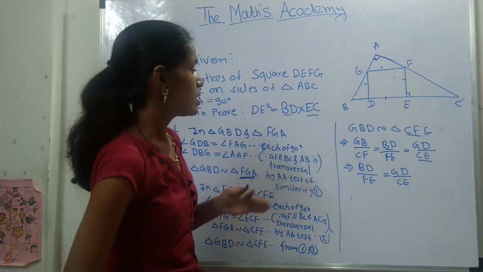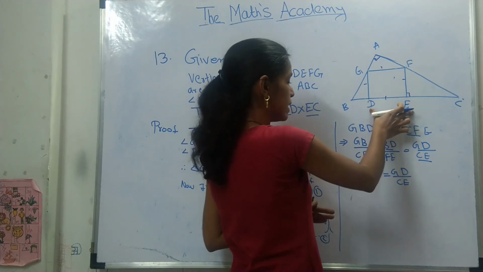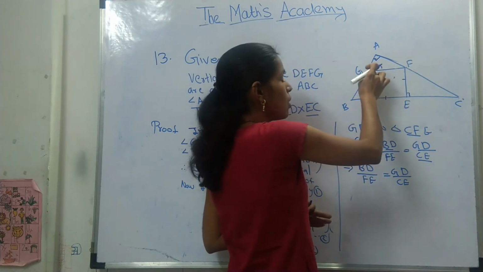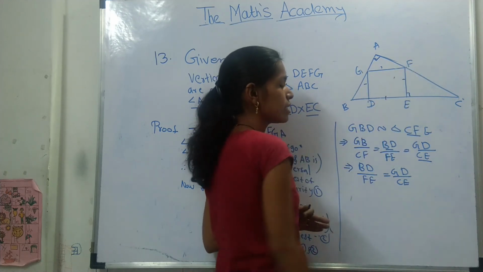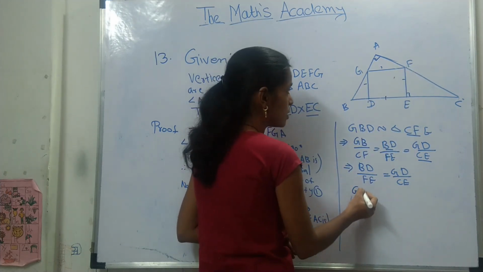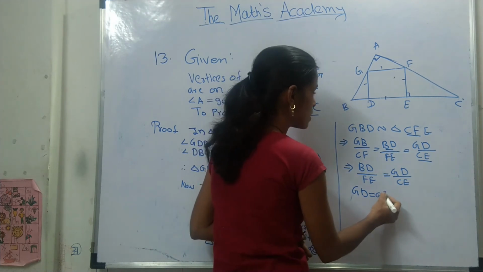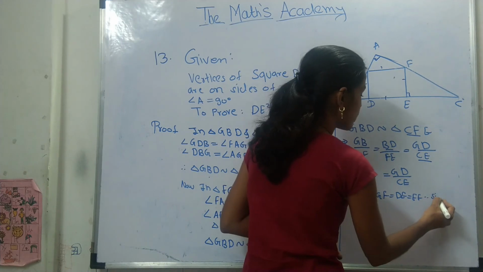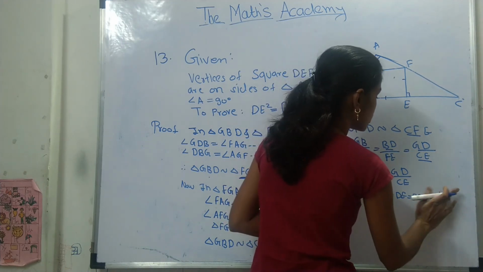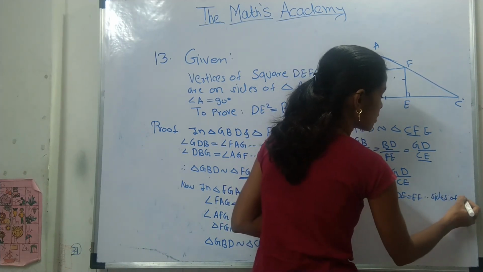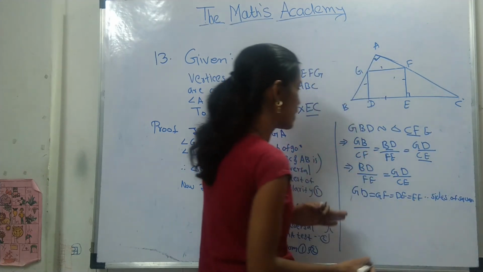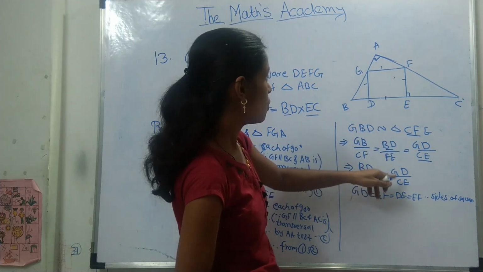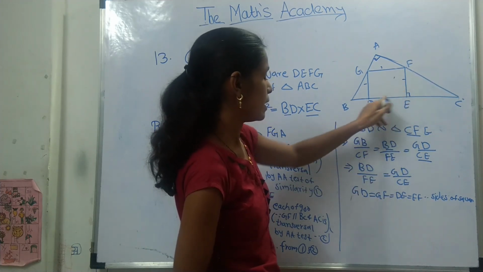Okay. Now see here, this DE is equal to GD is equal to FE, because GD, DE, EF are the sides of the square. Here GD is equal to GF is equal to DE is equal to EF, sides of a square. So replace this FE with DE and also this GD with DE.